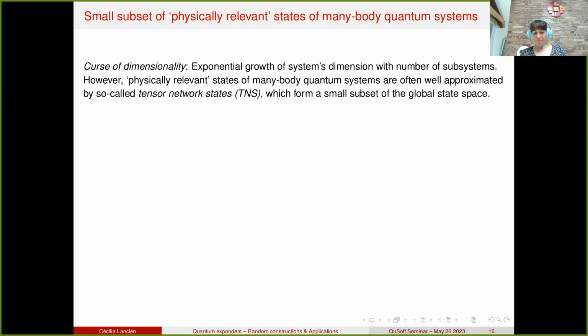It can be a problem if you want to parameterize the set of states in this exponentially large Hilbert space. However, it's also known that in many contexts, the states of many-body quantum systems that are physically relevant, and I will come back to what I mean by this, are often well approximated by a much smaller subset of this global state space, the subset of so-called tensor network states.